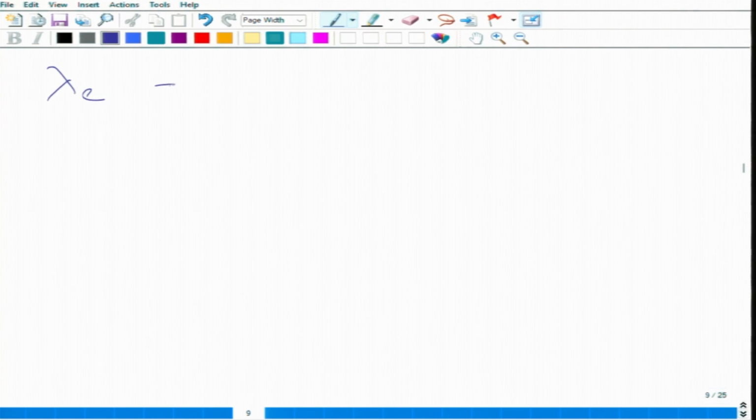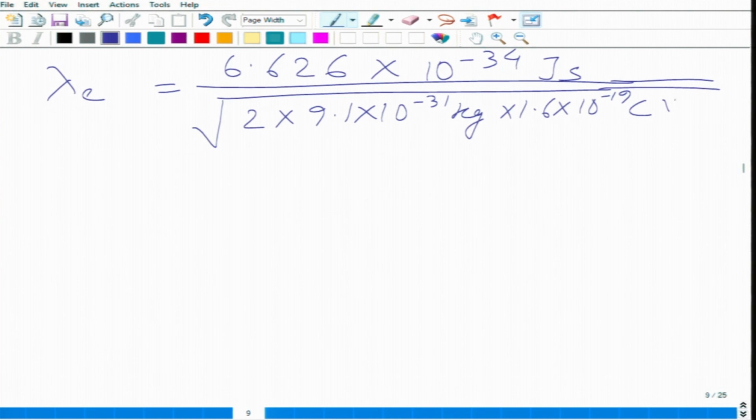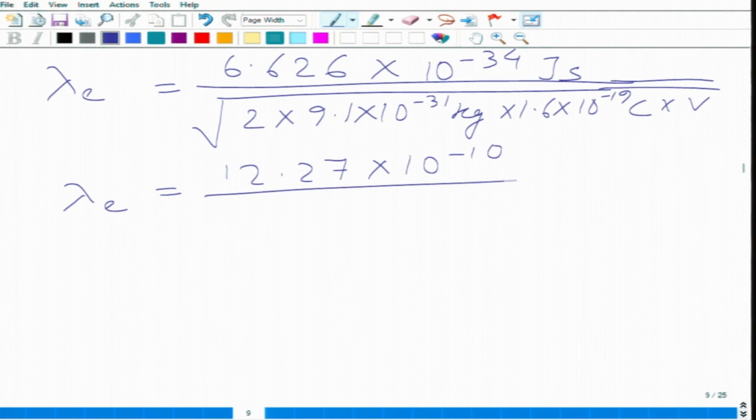So, lambda E is equal to 6.626 into 10 to the power minus 34 joule second by root over 2 into 9.1 into 10 to the power minus 31 kg, which is the mass of electron, into 1.6 into 10 to the power minus 19 coulomb, which is the charge of electron, into V. So, by calculating, we get lambda E is equal to 12.27 into 10 to the power minus 10 by root over V meters.